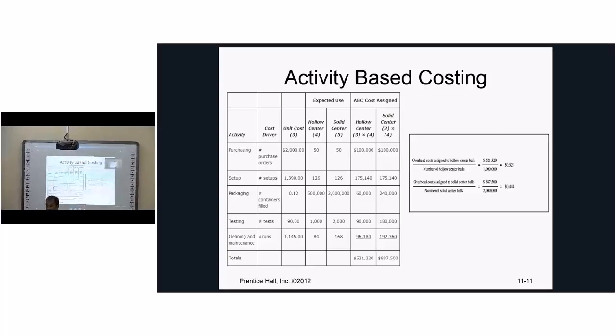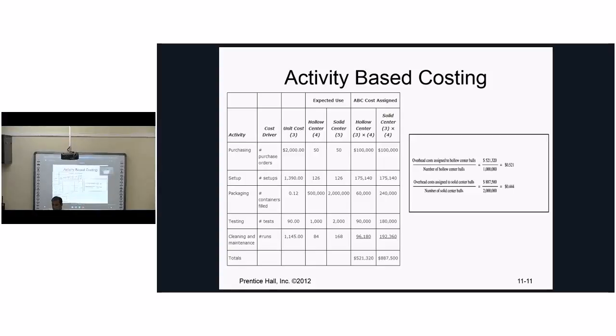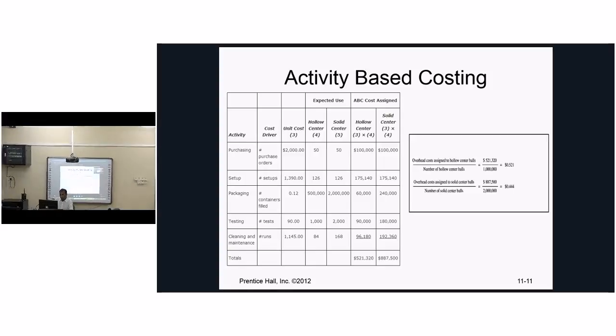So as a result, solid center has been allocated a higher cost and hollow center has been allocated a lower cost, simply because the packaging is different. Testing, hollow center required only one test, whereas solid center required two tests. So the costs are different. Cleaning and maintenance, hollow center required fewer production runs, whereas solid center required more production runs. So the cost is different.